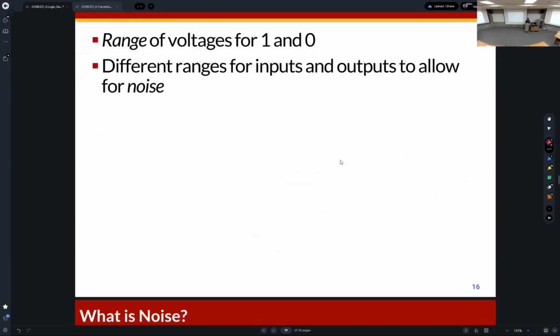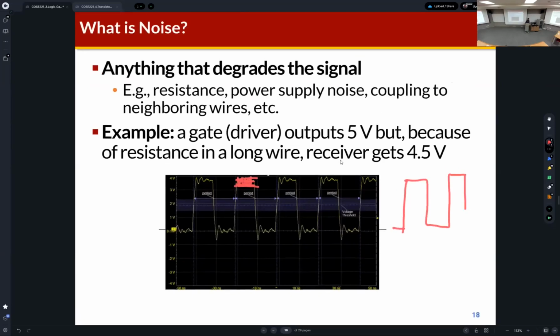I also showed this waveform. As you can see, the waveform is not clear, right? Because of noise signals, we can see the fluctuations in this waveform.